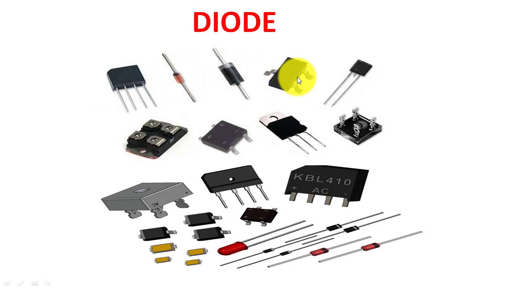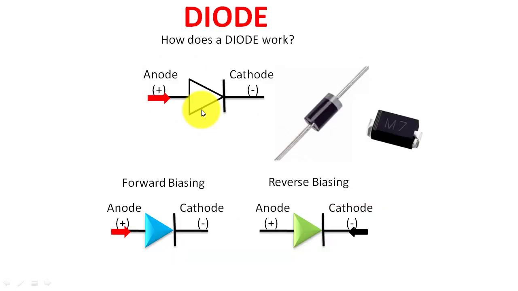This is a 3-pin diode. This is also a 3-pin diode, and a 4-pin. There are many types of diodes here. You have to see these and remember what a diode is. I'll discuss in detail later on, so please stay with me.